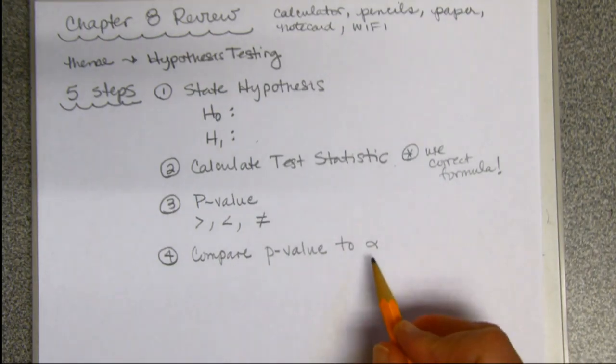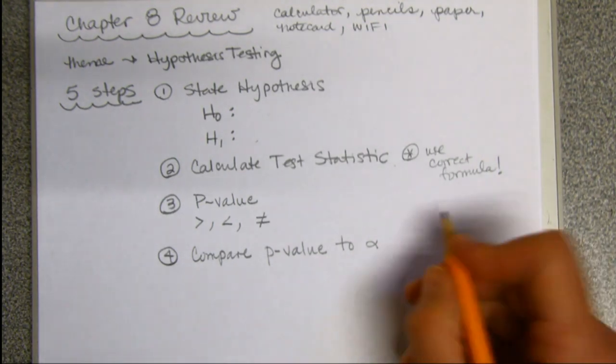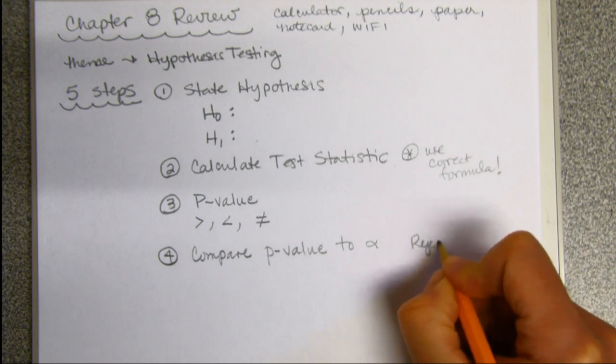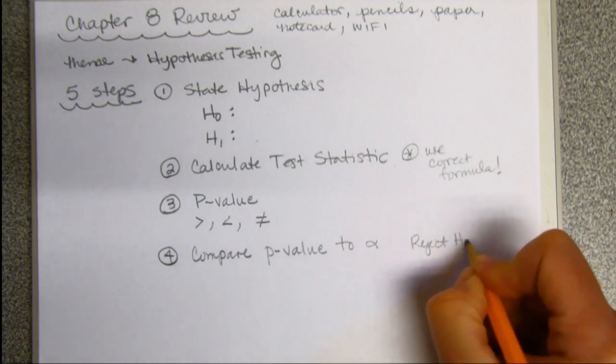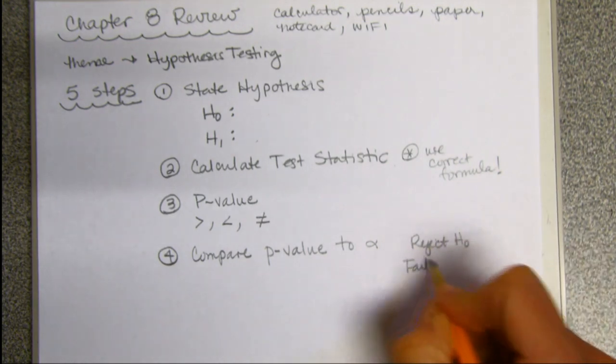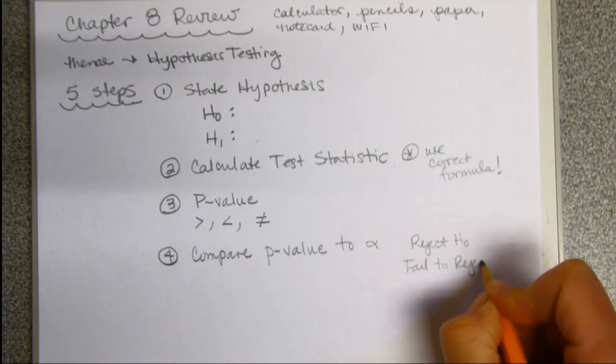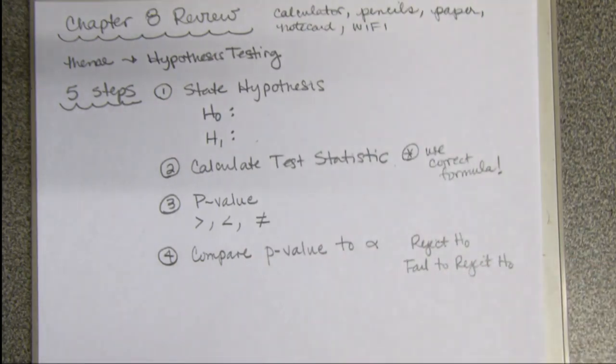And this is where you decide if you're going to reject your null, or fail to reject your null.